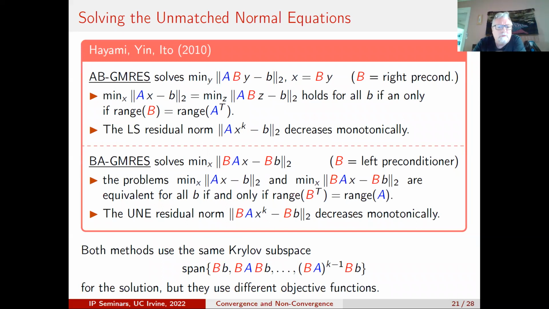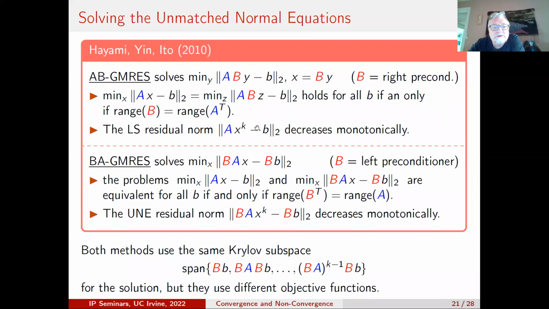And I won't go through all this here because this is just way too much. But anyway, this goes back to work by Ken Hayami, where he introduces these two methods here. He describes very carefully which problems we solve. He gives conditions here for convergence, essentially range conditions you can see here.